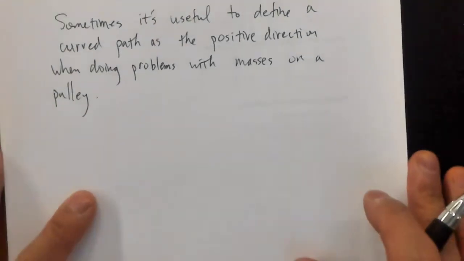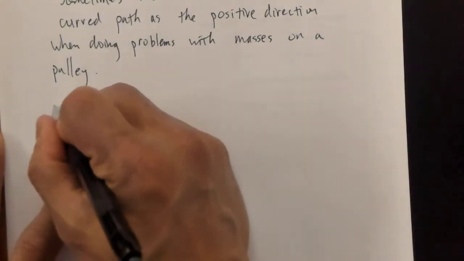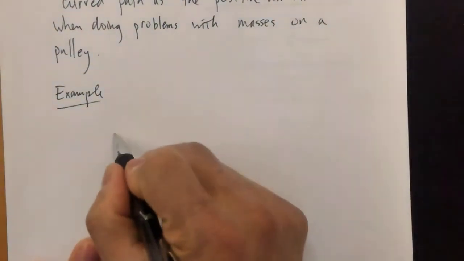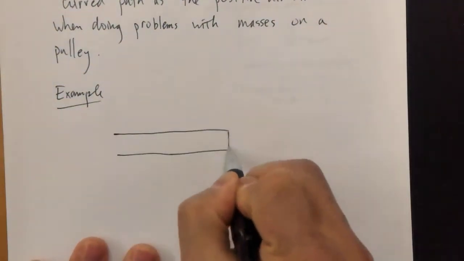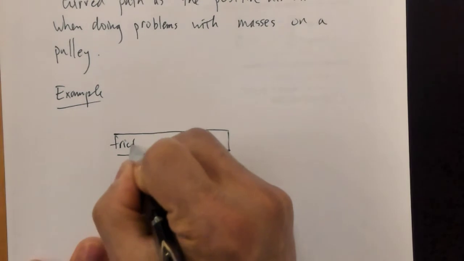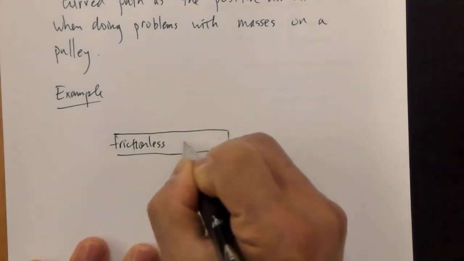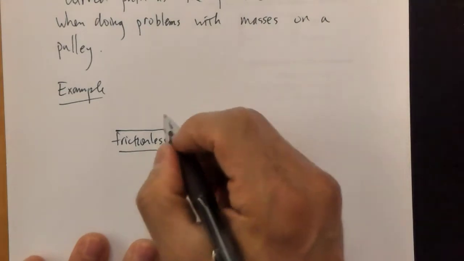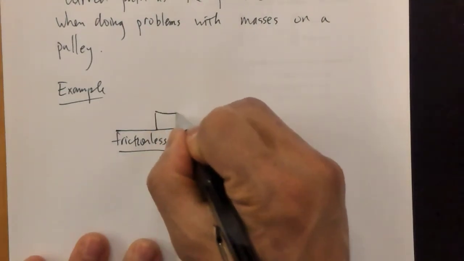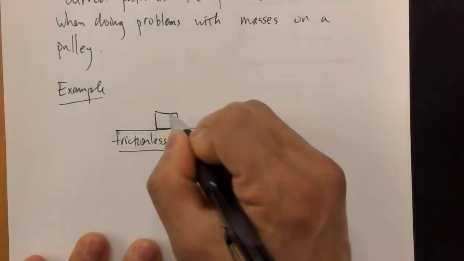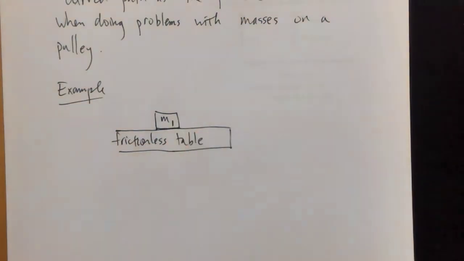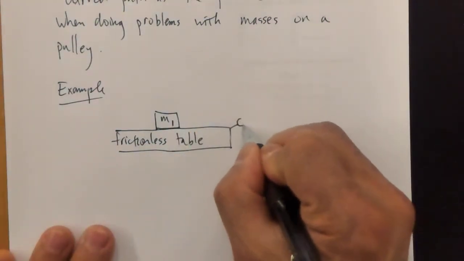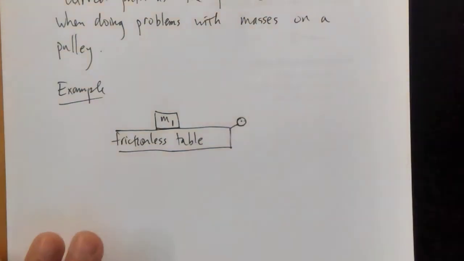Okay, let me show you an example. Let's say we have a frictionless table, and we have a mass on the frictionless table. It's horizontal. It's very straightforward. Let's say there's a mass M1. And let's say there's a pulley hanging off the end here.